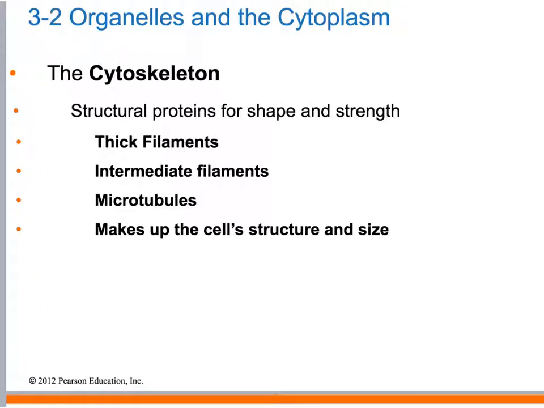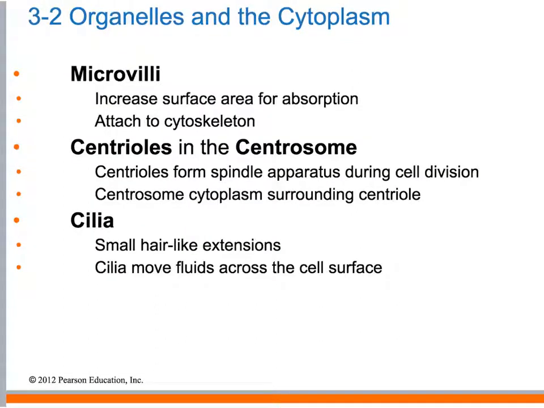The cytoskeleton is important. It has structural proteins for strength and shape. It includes thick filaments, intermediate filaments, microtubules, and this makes up the cell's structure and size. First, let's go over the microvilli. Again, these are all the non-membranous organelles.